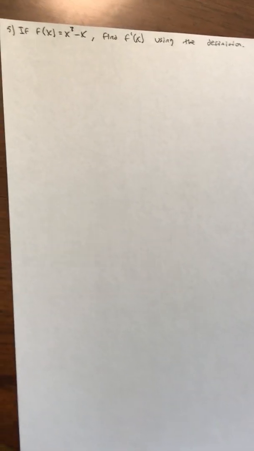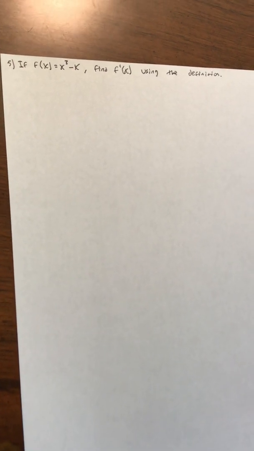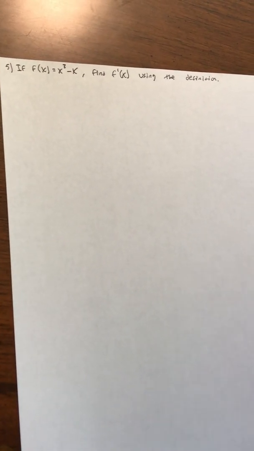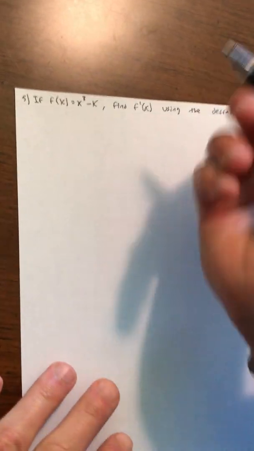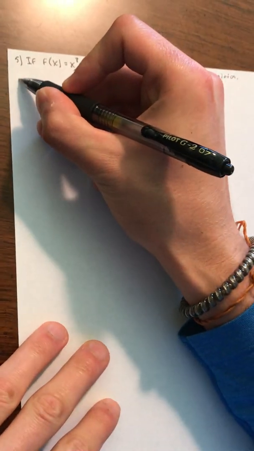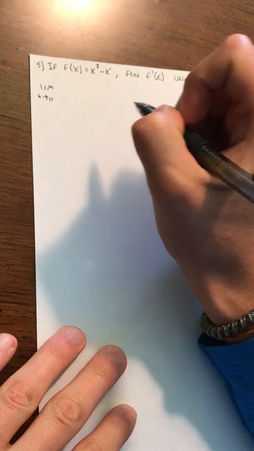For question 5 of part 2, we are given f of x equals x cubed minus x, and we need to find f prime of x using the definition. So by definition, we need to do the limit as h is approaching 0.